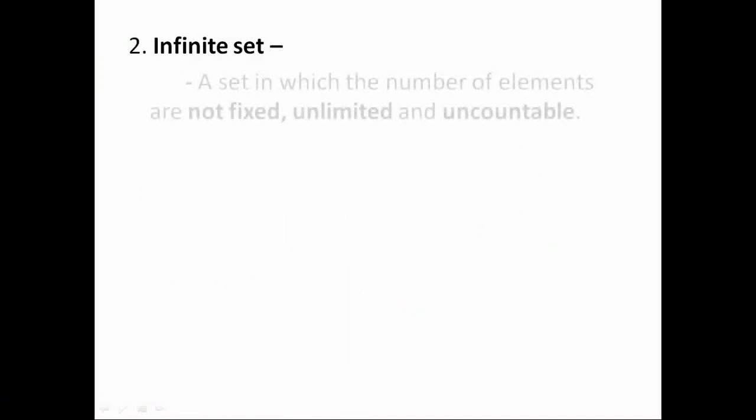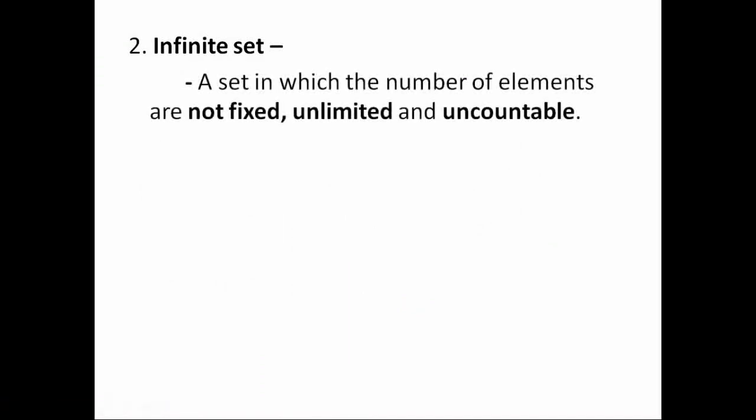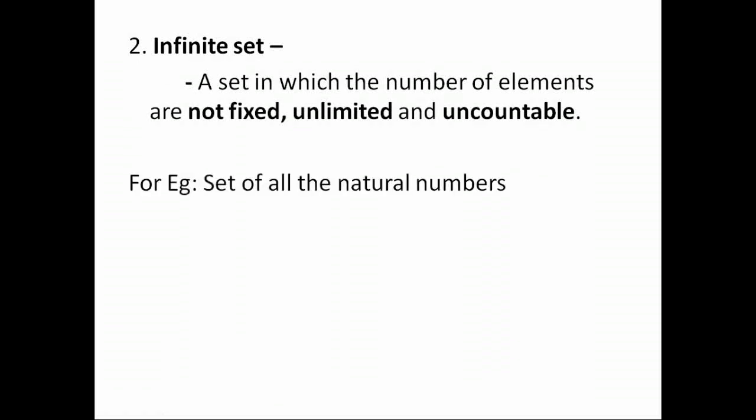Next, infinite set. A set in which the number of elements are not fixed, unlimited and uncountable. Means it is humanly not possible to count them. For example, set of all the natural numbers.